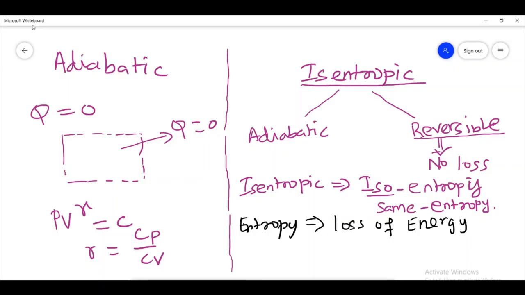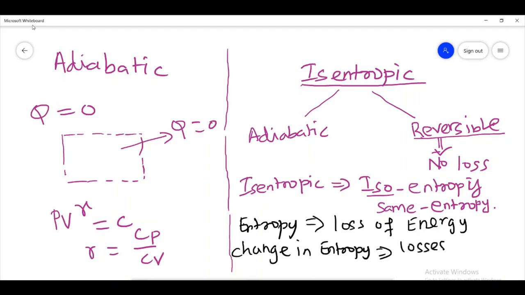When we say a change in entropy or an increase in entropy, it means the losses are taking place, that the losses are increasing.